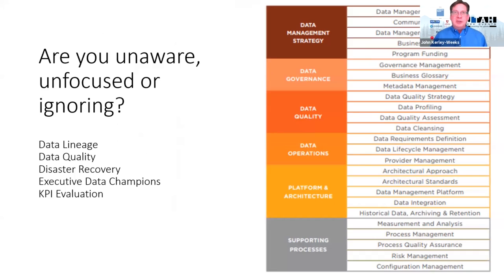The CMMI's DMM, which I always get this wrong, it's not a data maturity model, it's a data management model, if I'm remembering that one right. It consists of 6 different core components and then splitting that into 25 different components that you may want to consider within your organization.